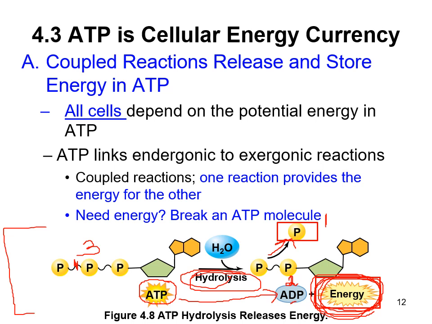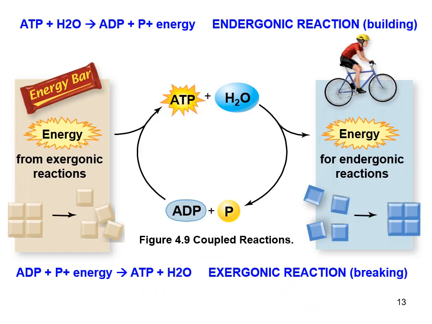So we can take that energy and complete our different endergonic reactions that require an input of energy to be done. Your body literally produces billions of ATP molecules consistently. It's just this continuous play of building and using, building and using.